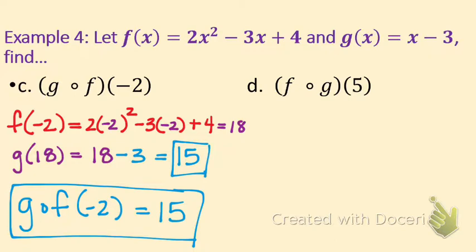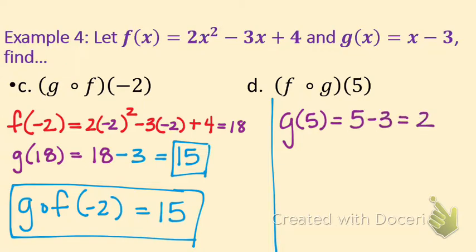So when we put 5 into G of 5, that's 5 minus 3, which is 2. And then we need to find F of 2. And that's going to be 2 times x squared minus 3 times 2 plus 4.